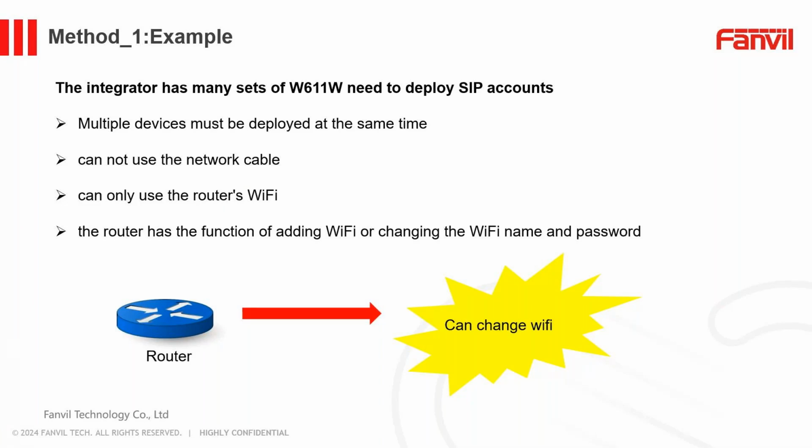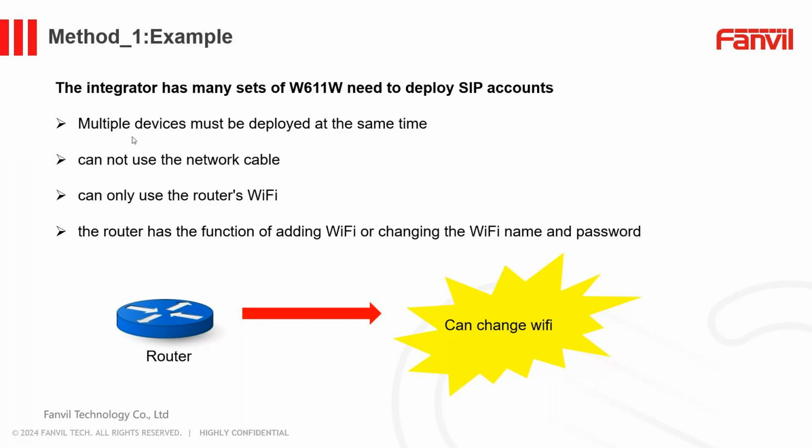Let's say we have an integrator that has many devices, like sets of W611, that it needs to deploy SIP accounts on. In this environment, we cannot use network cables, of course, because we have Wi-Fi devices, and the devices must be deployed at the same time.